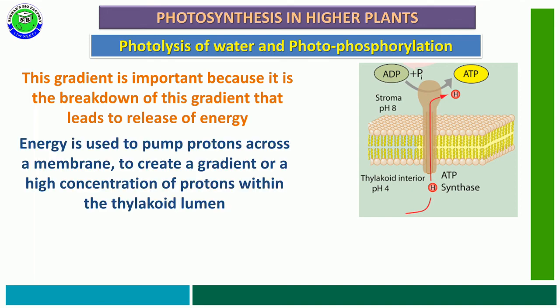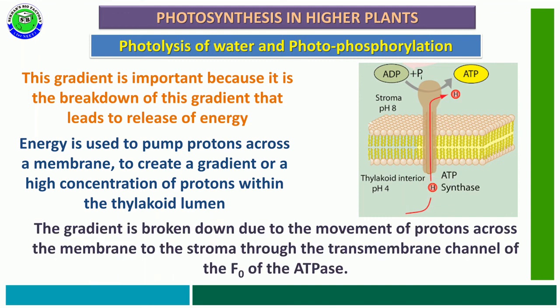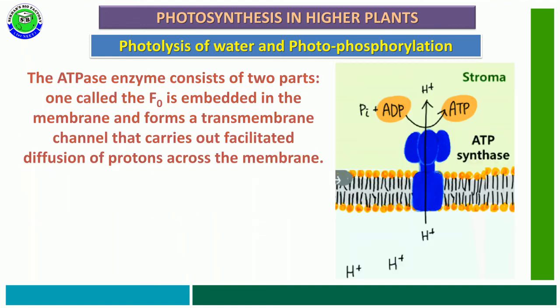Energy is used to pump protons across the membrane and create a high concentration of protons within the thylakoid. This gradient breaks down due to the movement of protons across the membrane to the stroma through the transmembrane channels of F0 of ATPase.